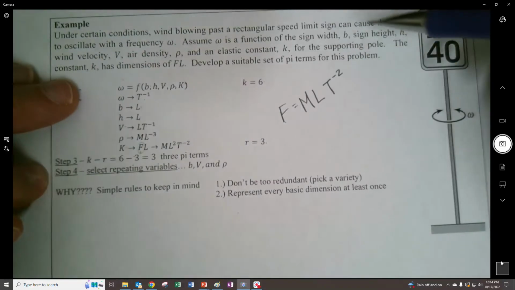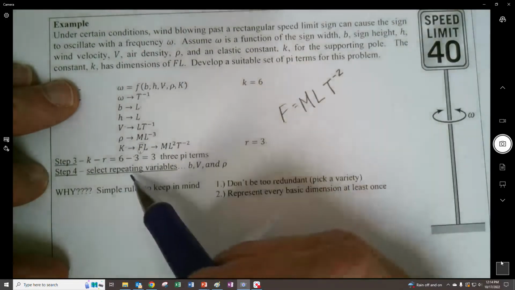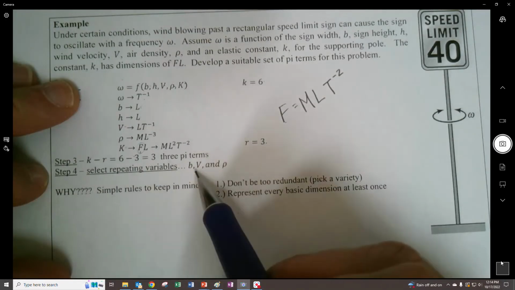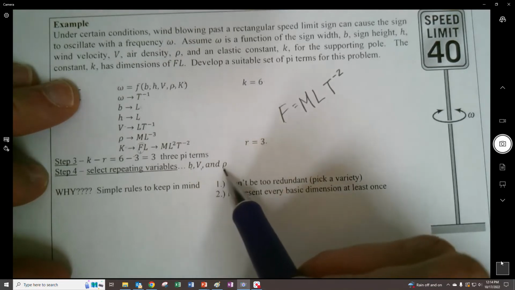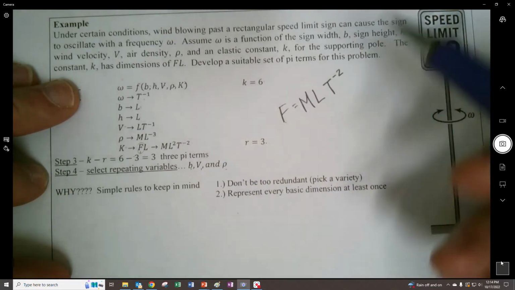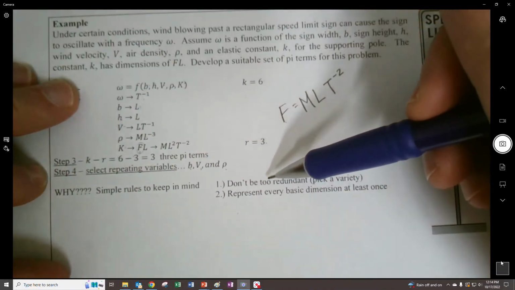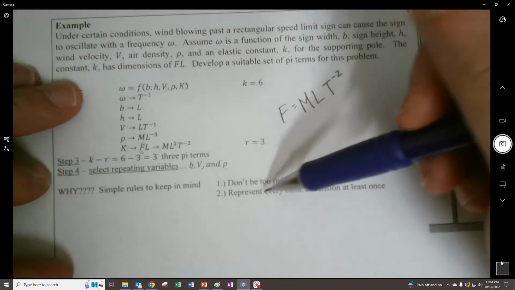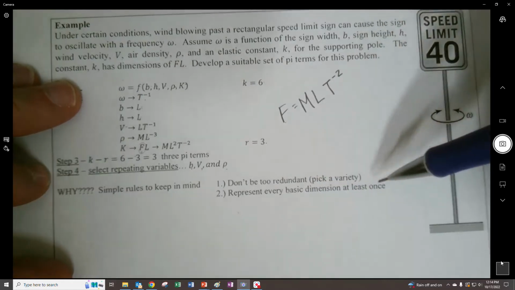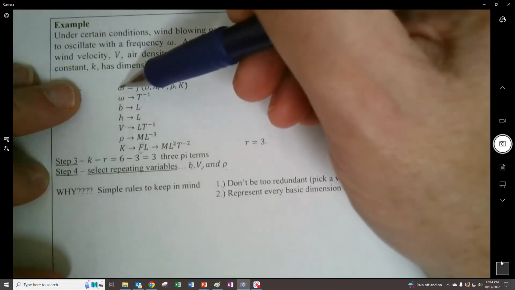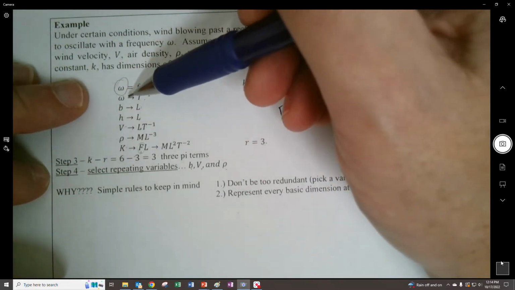And they did not give us the repeating variables: B, V, and rho. Okay, so why do we use these? Well, we don't want to be too redundant, and we want to represent every basic dimension. So this is the main one, so we can't choose that as a repeating term.